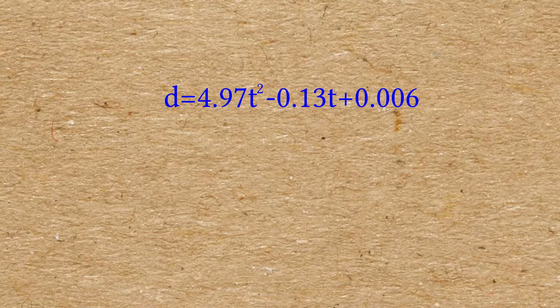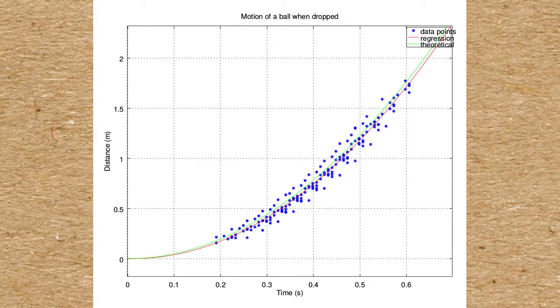This is our result of our regression. Next, I went on Wikipedia and found what the result should be, and we got pretty close. Then I put the data points, the regression results and the theoretical line on, and voila!